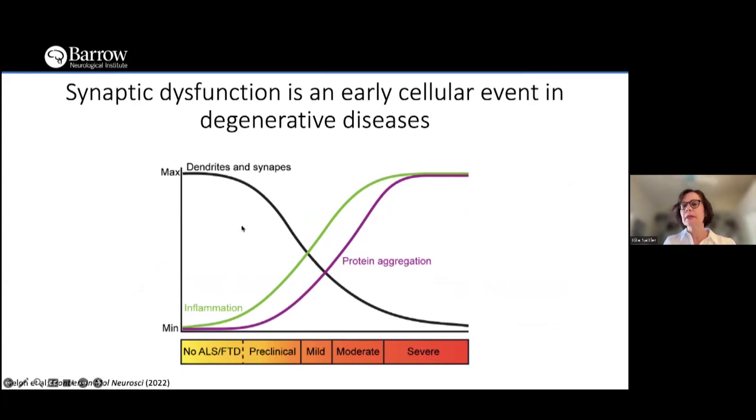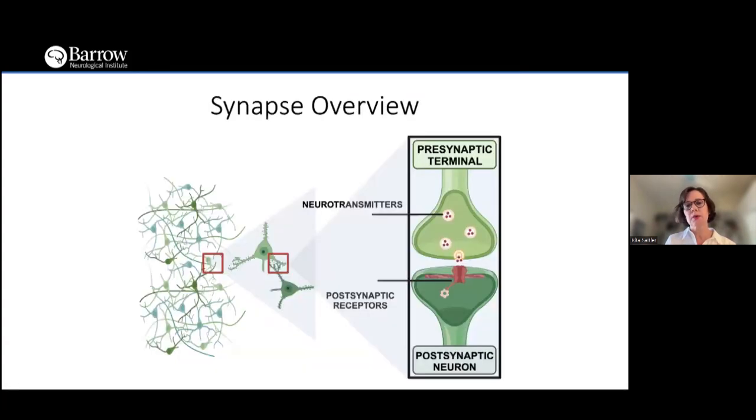But this event happens really early, and we believe that this is truly a critical event that happens before we see any of the actual downstream effects of the degeneration of a neuron, right? First, the neurons don't connect to each other anymore. And then the neurons might decide, well, if there's no connection there, why am I still here? And then there's other things that happen, obviously, that could then lead to the more severe degeneration and the ultimate loss of the cells in the brain.